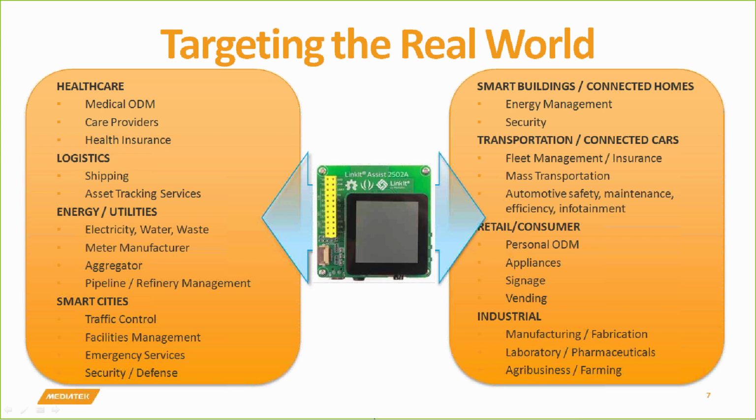So there's a lot of interest in that area. And last but not least, industrial, where there is quite a lot of potential, certainly in things like agriculture and farming, to assist with those sorts of things.